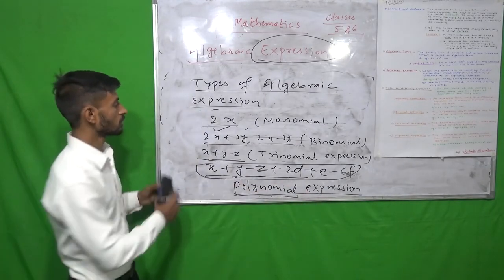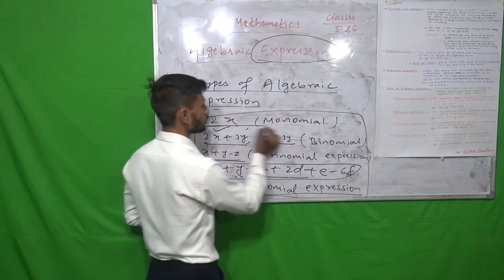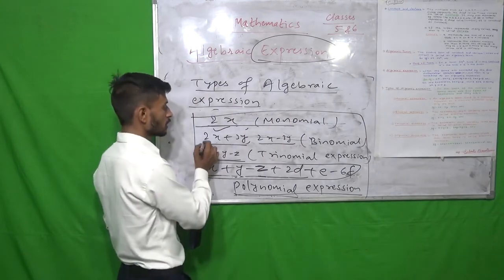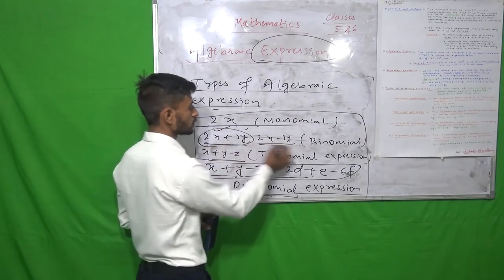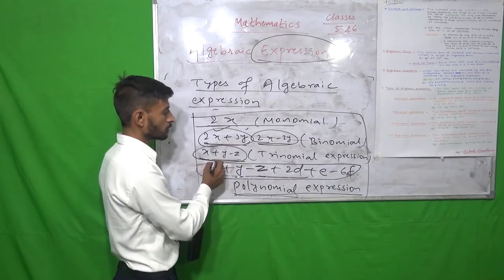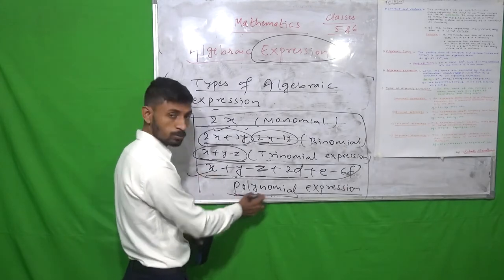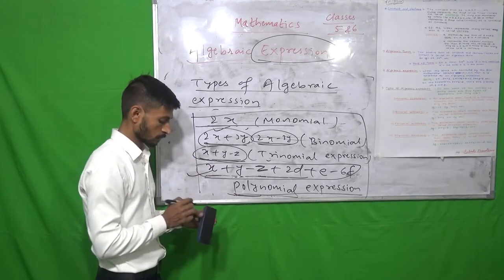So now, having only one term is a monomial expression, having 2 terms is a binomial expression, having 3 terms is a trinomial expression, and having more than 3 terms is a polynomial expression.